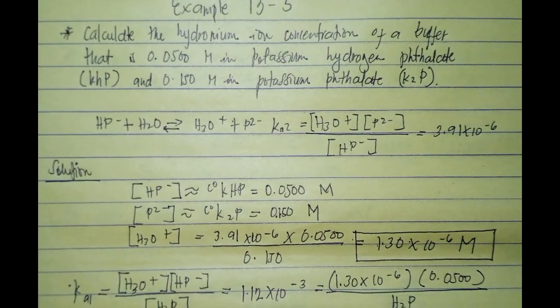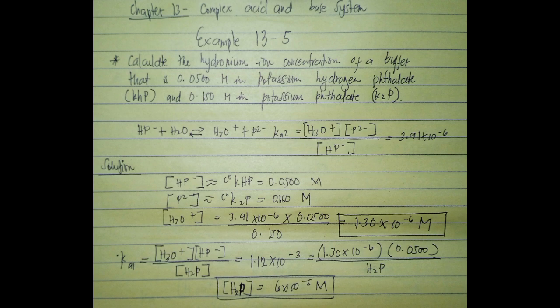In the example of Chapter 13, with complex acid and base systems, calculate the hydronium ion concentration of a buffer that is 0.0500 molar in potassium hydrogen phthalate, KHP, and 0.150 molar in potassium phthalate.